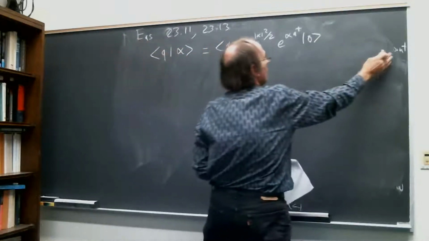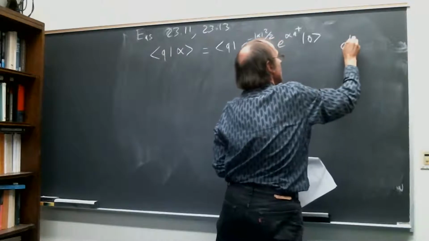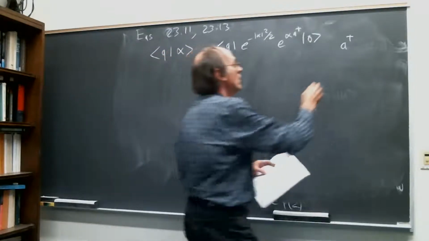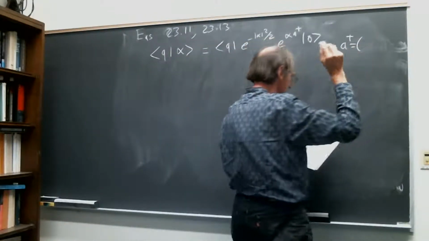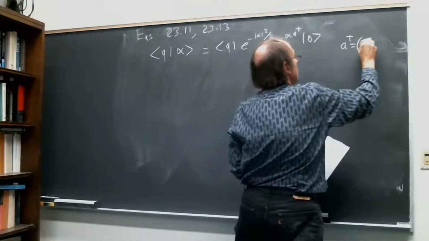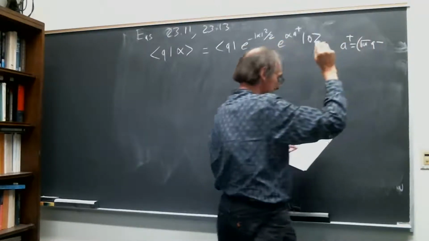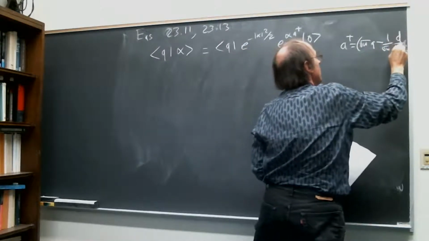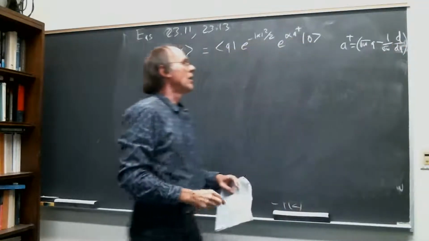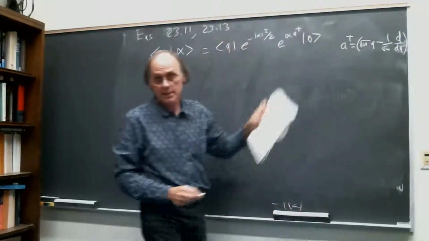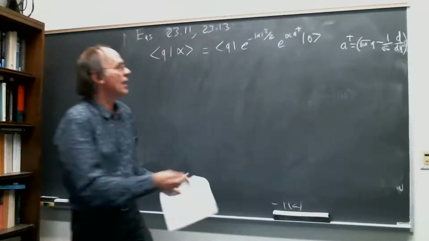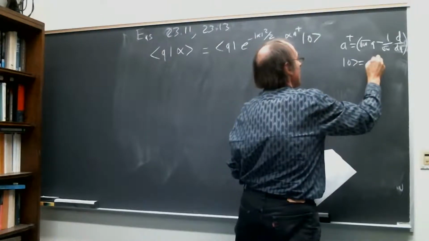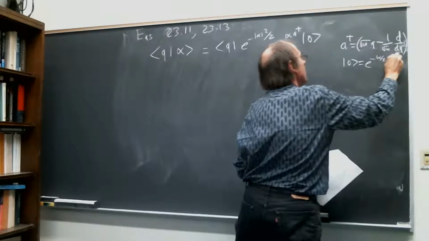Then I use a dagger in the Q representation, which is square root of omega Q minus 1 over square root of omega d/dq, and you know what the vacuum state is, e to the minus omega q squared over 2.